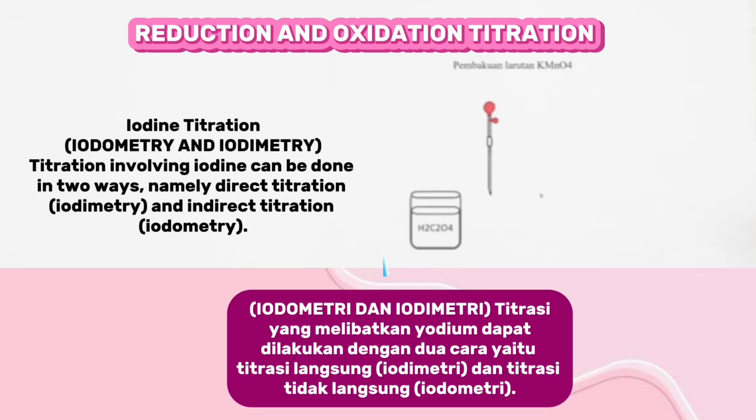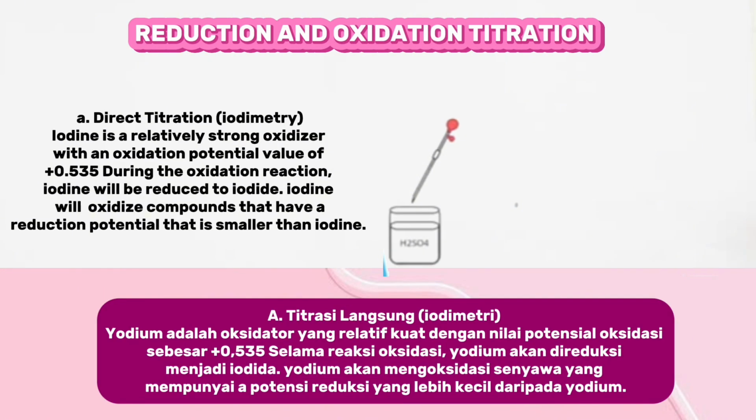2. Iodine titration. Iodometry and iodimetry titration involving iodine can be done in two ways, namely direct titration, iodimetry, and indirect titration, iodometry. A. Direct titration, iodimetry. Iodine is a relatively strong oxidant with an oxidation potential value of plus 0.535. During the oxidation reaction, iodine will be reduced to iodide.